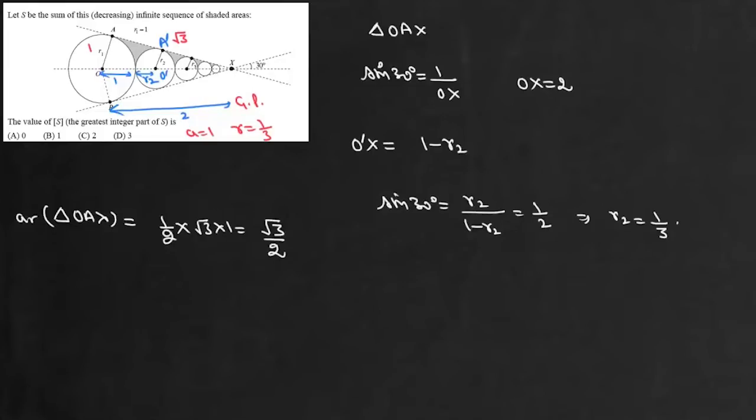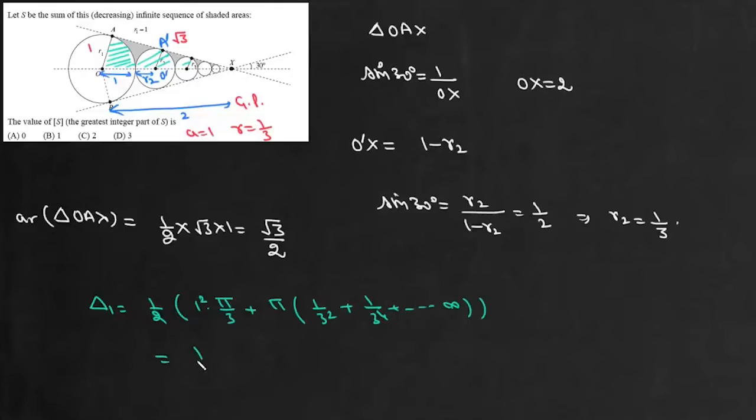Now we'll find the area of all these circles. Now this area is, say, delta 1. This first area is simply the area of this sector. So it will be half r square theta. So it will be 1 by 2, 1 square, and theta in this case is pi by 3, plus. Now all these circles are semicircles. So basically it will be 1 by 2 into pi r square. So there will be pi and then r square, and here r square is 1 by 3 square, 1 by 3 to the power 4, up to infinity.